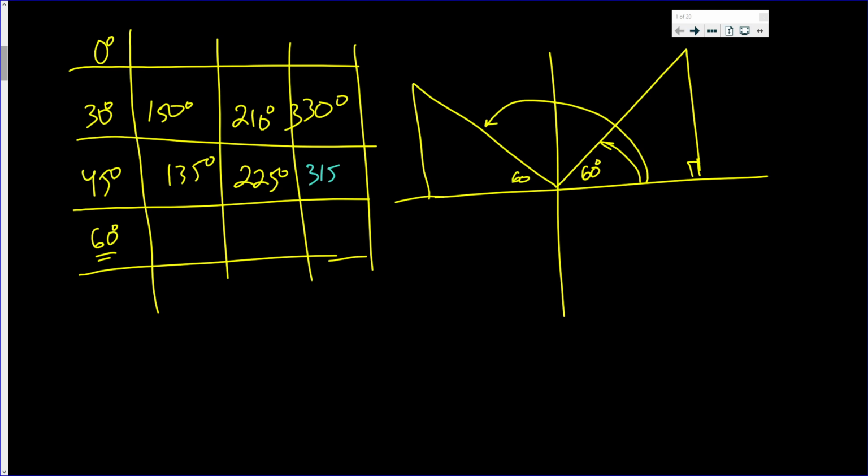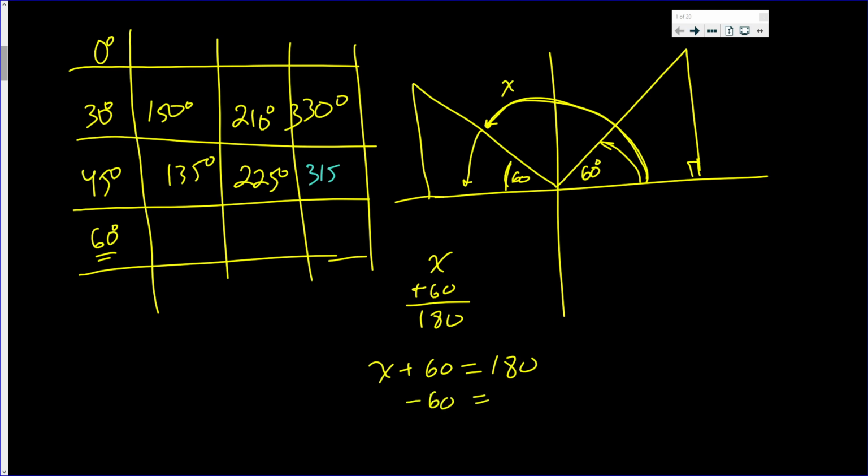And again, this is 60. Well, you can call it x. Do a different method, call that x. And you know when you add 60, you get 180. X plus 60 is 180. Well, if you take away 60, the angle you want is 120.